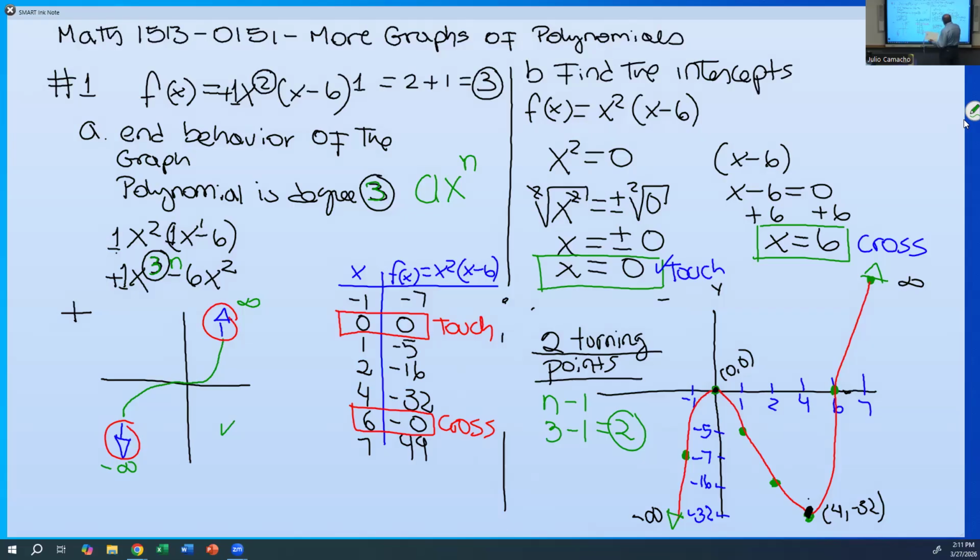So you can use the formula, the degree of the polynomial minus 1, to find how many turning points, or you can follow your graph as we did first and find where the turning points are. And the turning points in the graph again are where the line stops decreasing or increasing and starts increasing or decreasing. Well, that is question number 1.